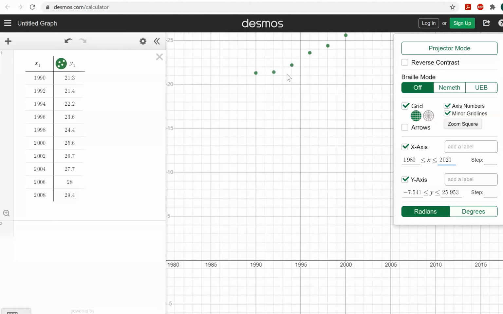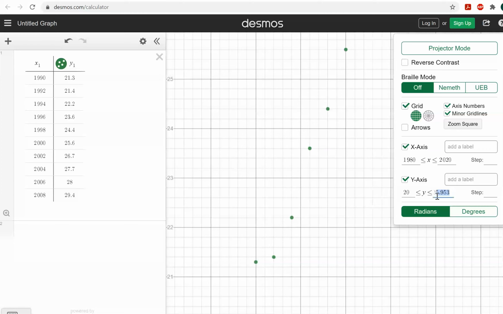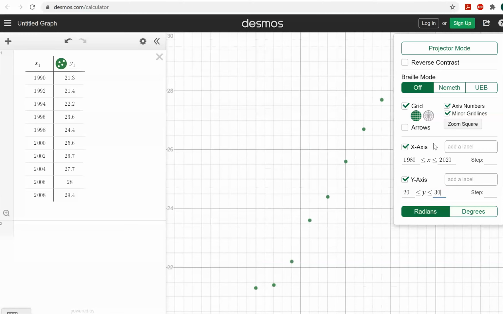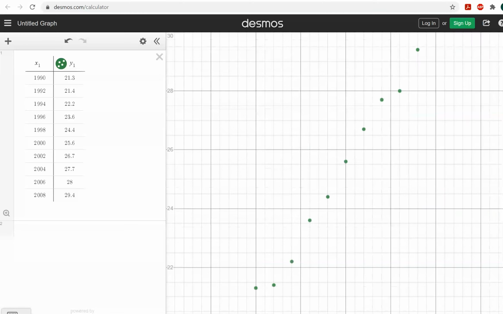So I'm going to do the same thing that I did for the graph that we drew on paper, and that really these values are occurring between 20 and 30. So I'm going to adjust the y-axis to just look from 20 to 30. And then I'm going to close that down. So now I can see my graph a little more clearly. It looks a little bit more like what I drew on paper, so it matches up. Okay, now that we can see the scatter plot, we want to draw the line of best fit.